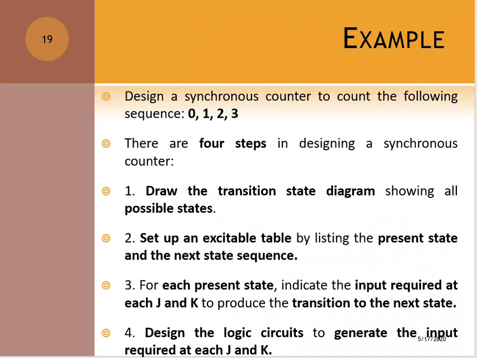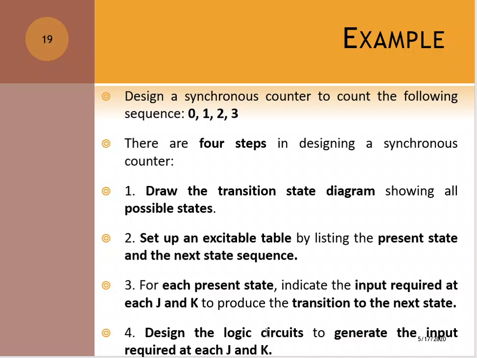Okay. So first, when you are given any question, any sequence to be designed, you have to draw the transition state diagram first, and then set up an excitation table by listing the present state and next state sequence. Then third step, for each present state, indicate the input required at each JK to produce the transition to the next state.